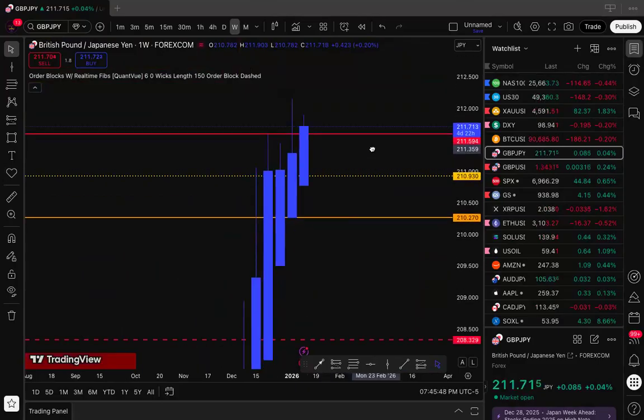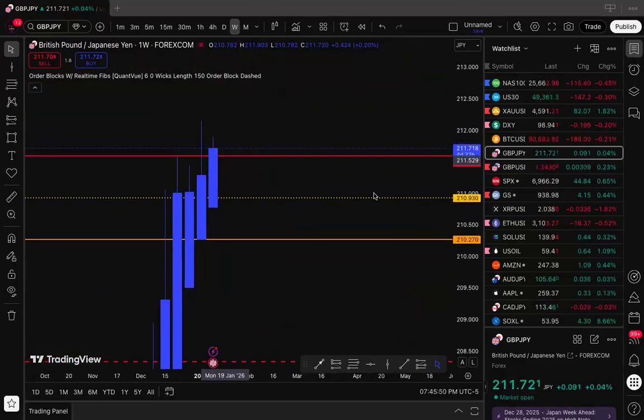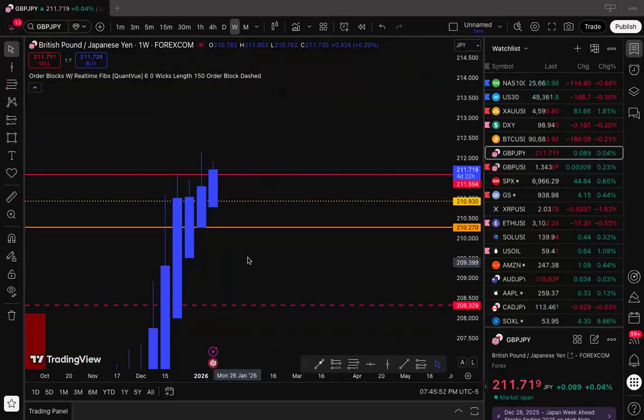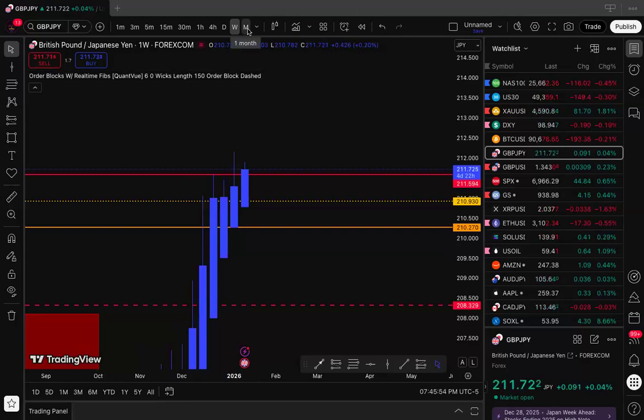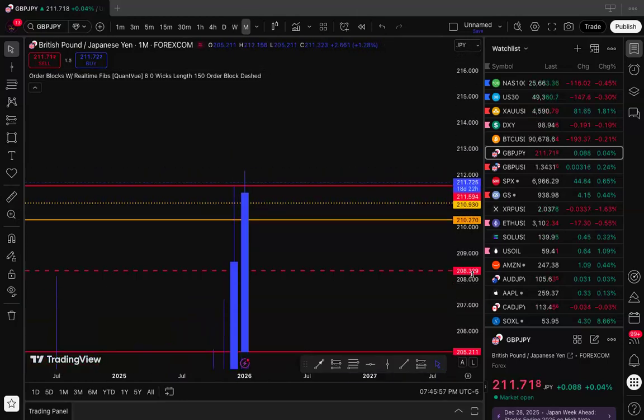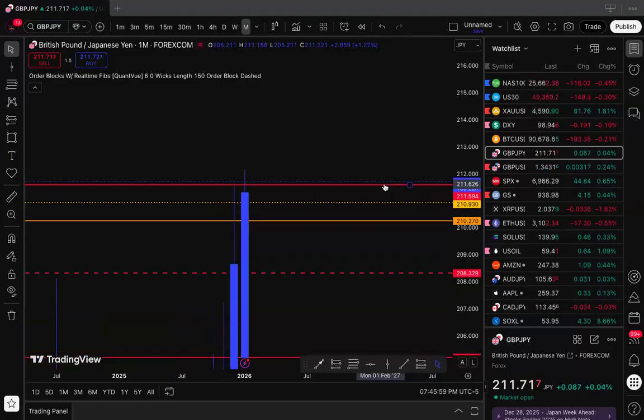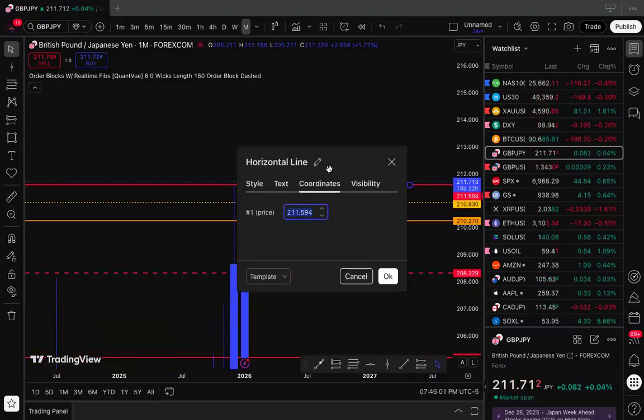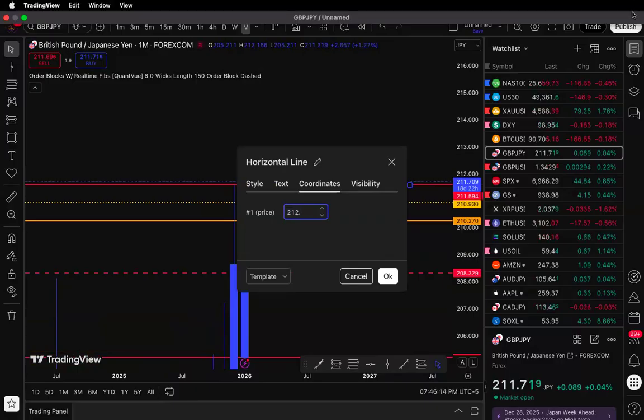It looked like it made a new monthly and weekly high. The new monthly high is 212. Got 211.